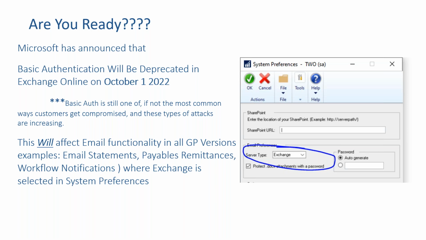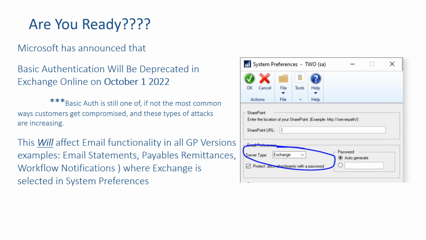definitely affect you. Absolutely. And sometimes looking at that server type under system preferences is a little misleading, but you choose Exchange as your server type if you're using Office 365, or if you're using Exchange on-prem and you have a 64-bit Outlook client.